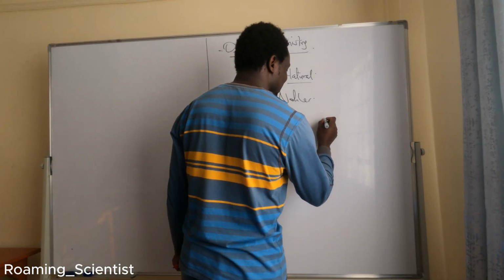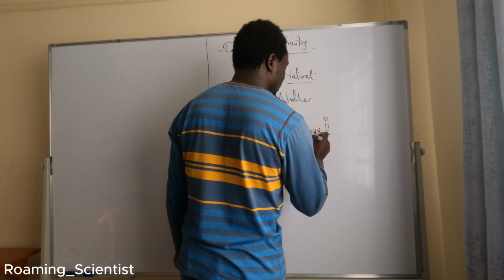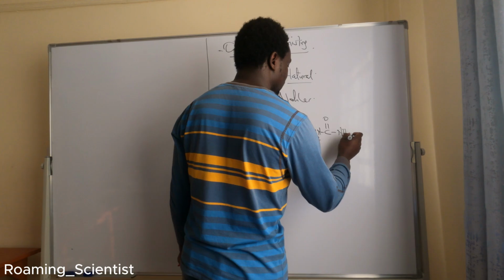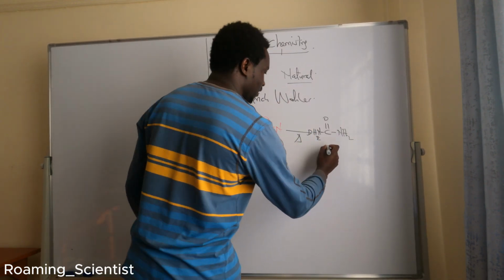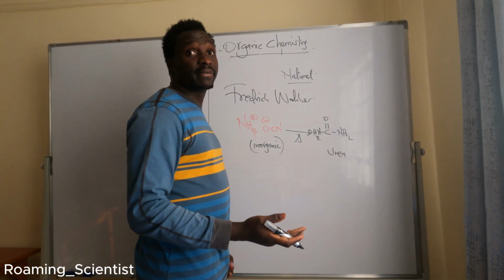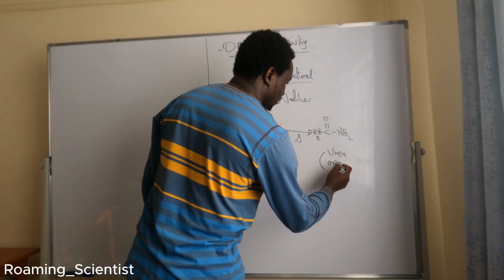Interesting, isn't it? You form urea. Amino group there and amino group there. Now this is urea, the fertilizer we use for top dressing. It is an organic compound.